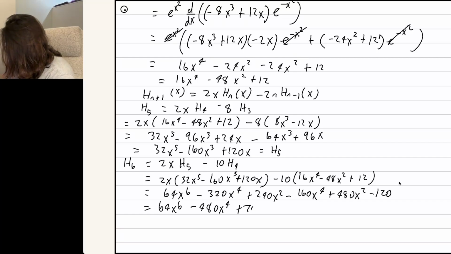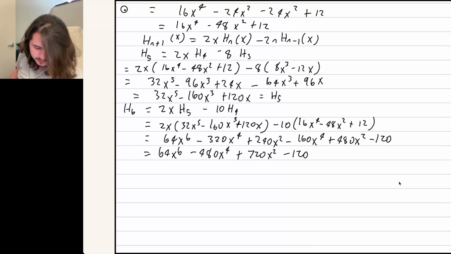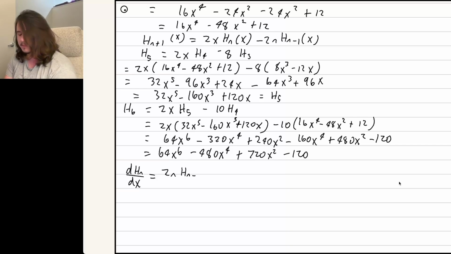So 720x squared minus 120. I think that's right. Next bit is to check H5 and H6 using this formula, where dH n with respect to x is going to be equal to 2n times H n minus 1.